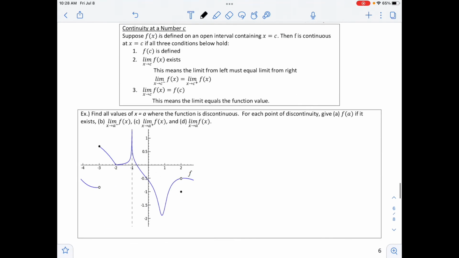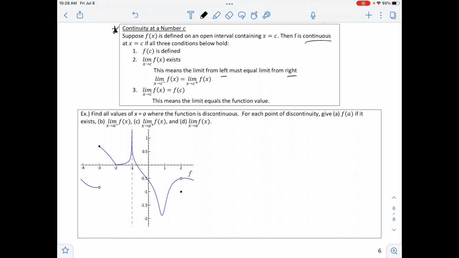So continuity at number c says, suppose f(x) is defined on an open interval containing x = c, then f is continuous at x = c if these 3 conditions are met. So the first one is our function at c is defined, and then the limit as x approaches c exists. This means that the limit from the left must equal the limit from the right, and so those 2 values must be equal.